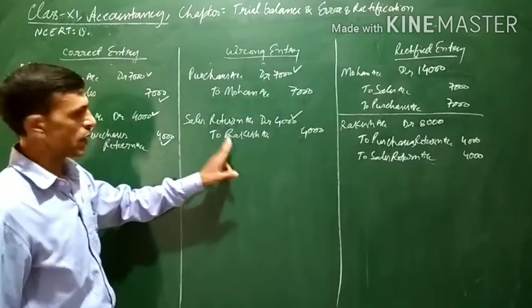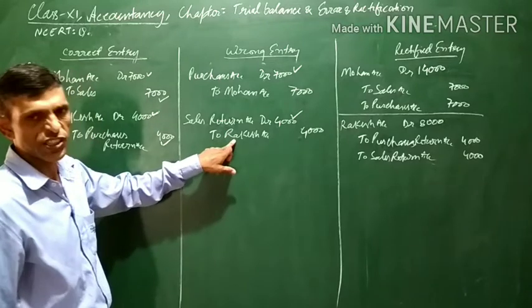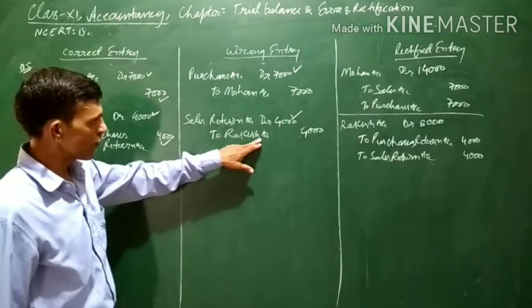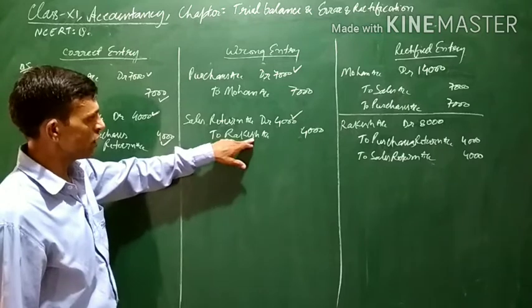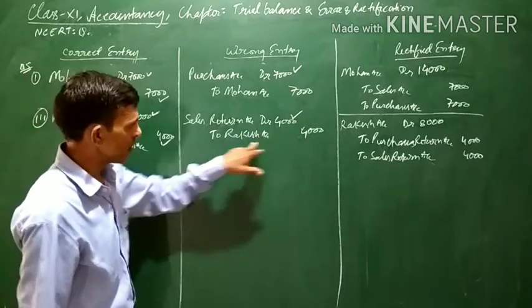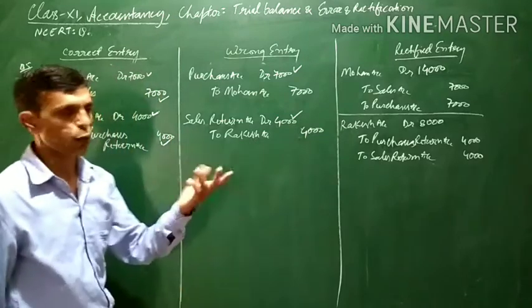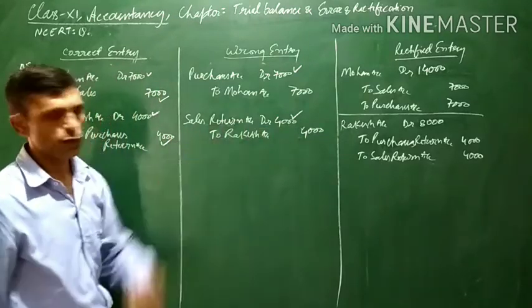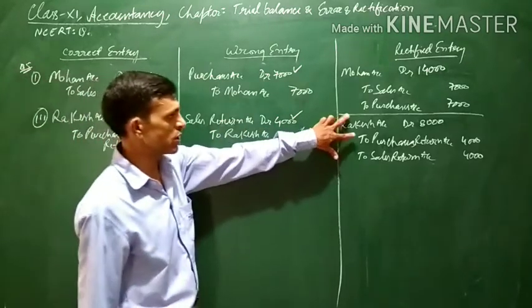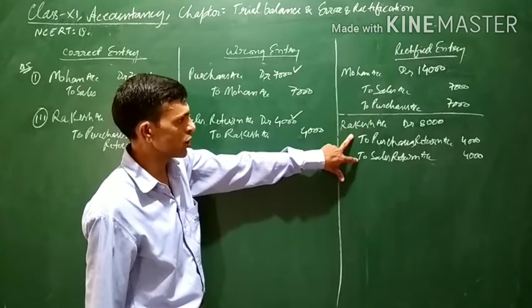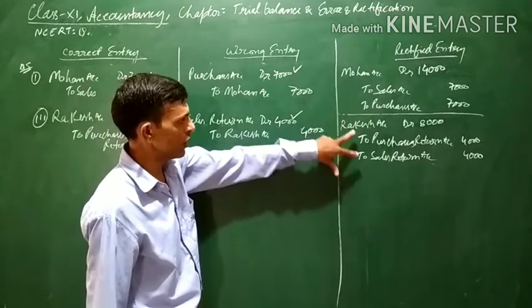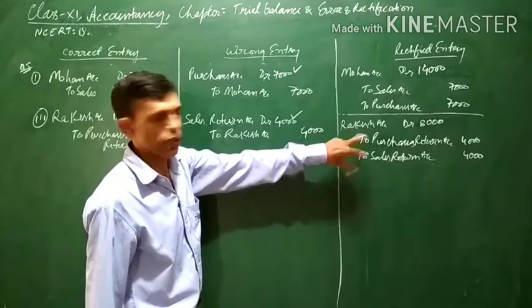But in order to rectify the wrong entry, we have to cancel this wrong entry also. So in order to cancel the 4,000 credit of Rakesh, we have to debit Rakesh with 4,000 more. Total debit to Rakesh therefore should be 8,000. Here again you can see the debit total and the credit total are equal. That is, Rakesh debit is 8,000, credit total is also 8,000.